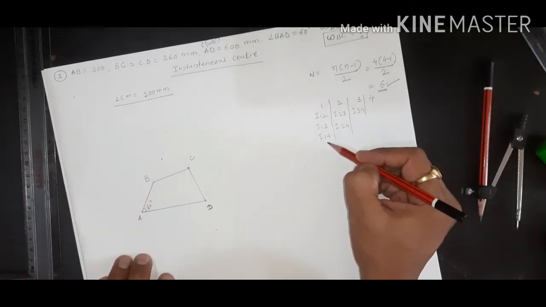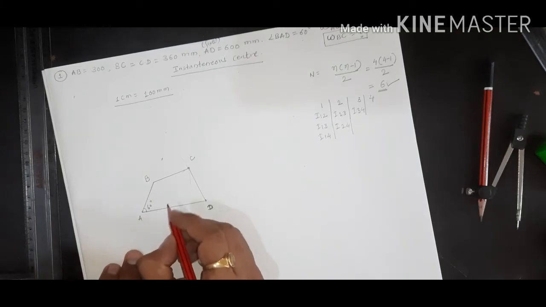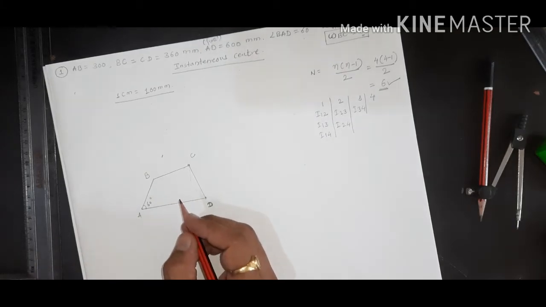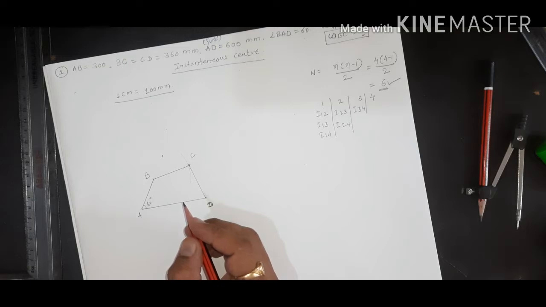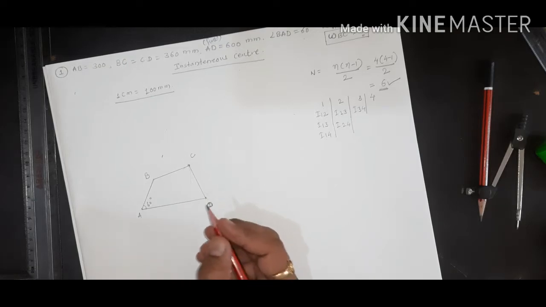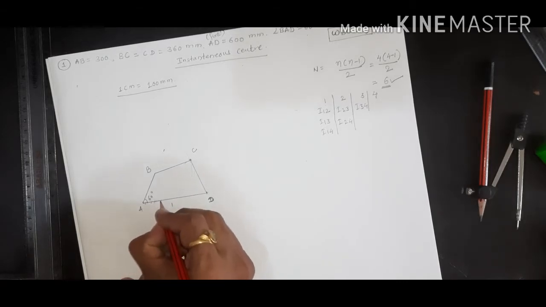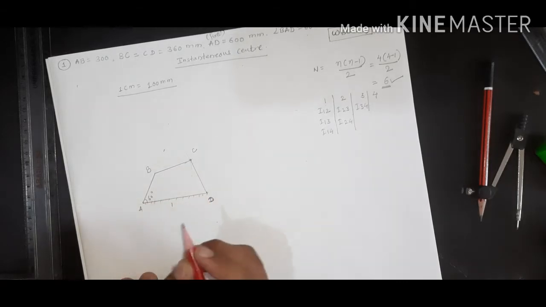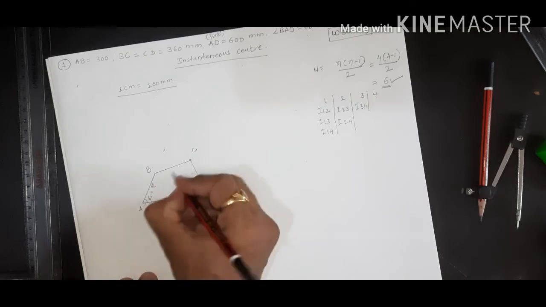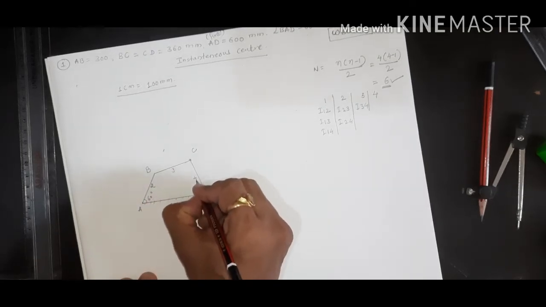Now let us just name these linkages. Let us say this is link number 1, which is fixed. This is link number 2, link number 3 and link number 4.